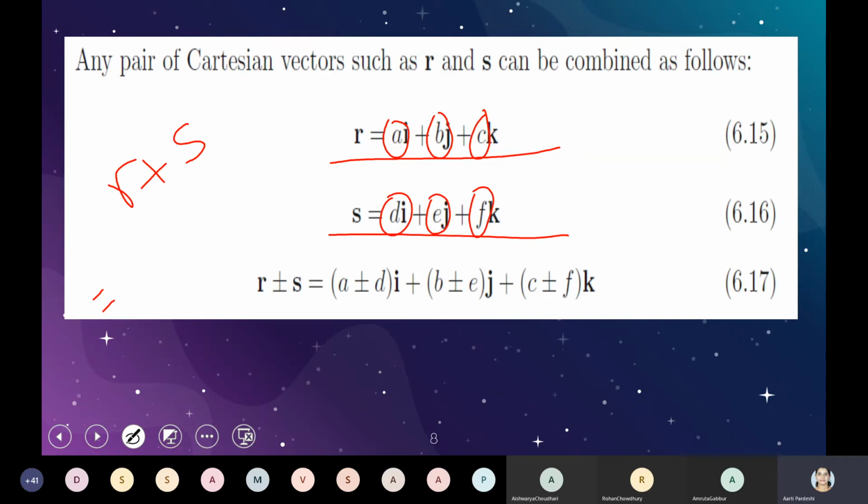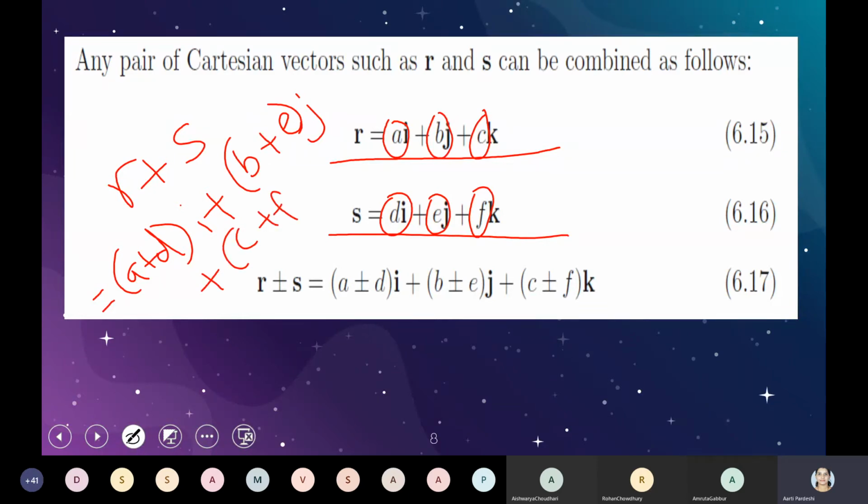That is A, B, C, D, E, F. Focus only on them. So when you say R plus S, then add A plus D, which are the magnitudes of i. Then next is B plus E, which are the magnitudes along j. And the last one is C plus F, which are the magnitudes along k. So this is for addition.